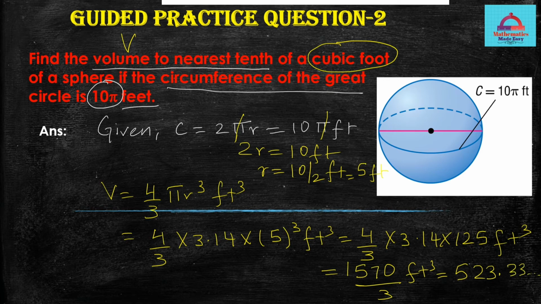But here, if you read, we need to round it off to the nearest tenth. So we are going to write it as 523.3 feet cube. So that's your volume, the final answer.